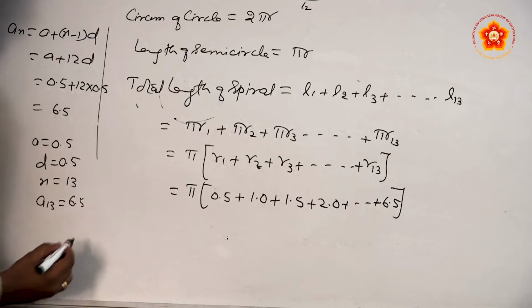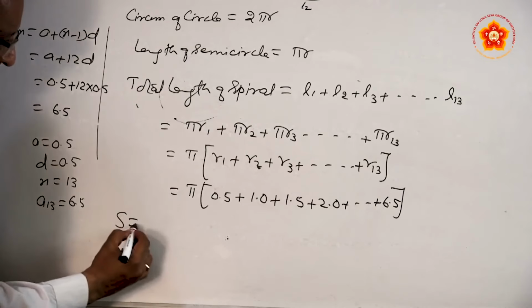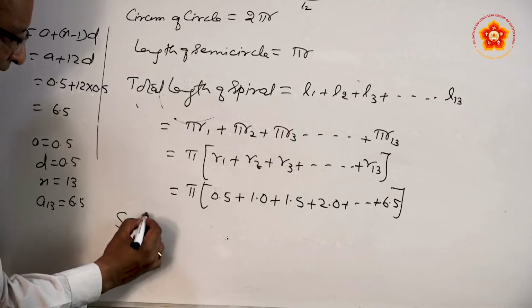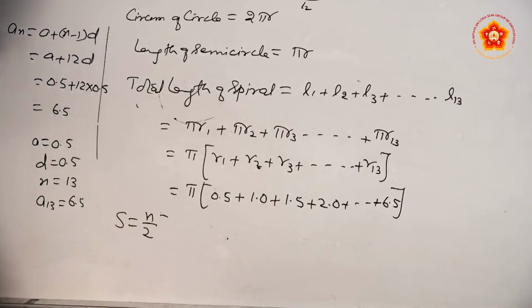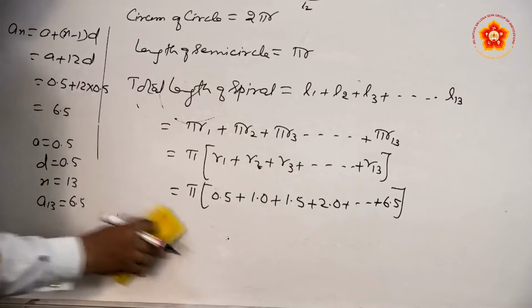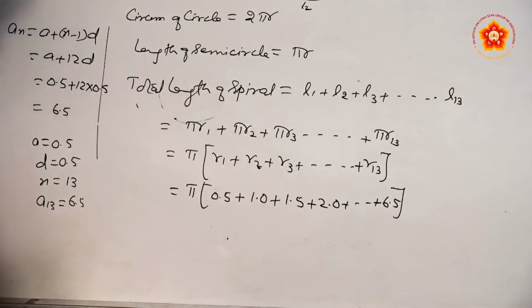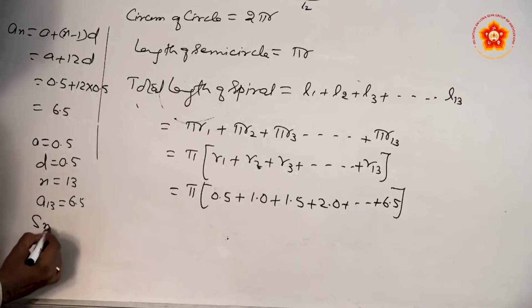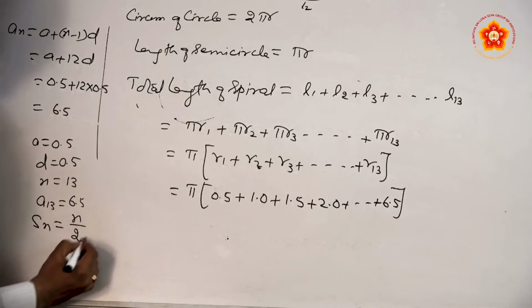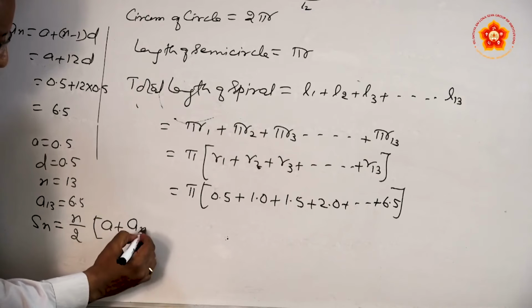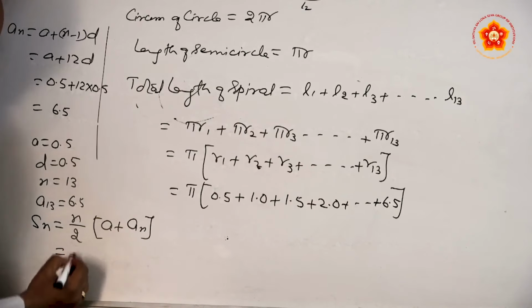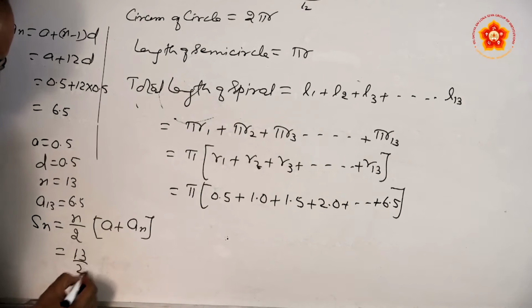By using this, the simple formula S_n is equal to n by 2 into (a plus a_n), we can easily get the answer. Substitute the values: number of terms is 13, so 13 by 2.